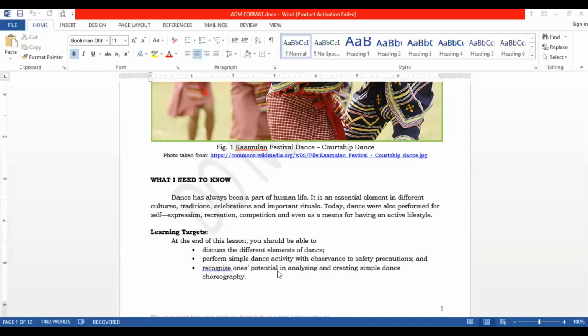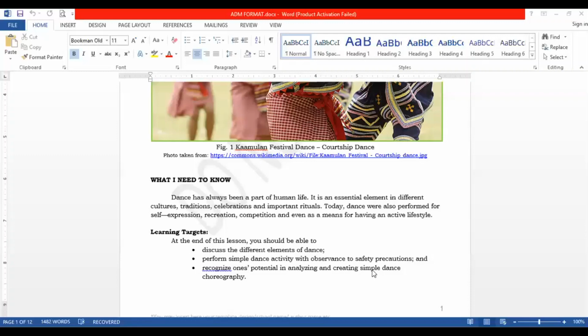So this MELC ay extract is hinimay at naging objective, at ito po yung objective na yon. The learners will perform simple dance activity with observance to safety precautions. Okay? So I have uploaded a curriculum map that you can follow po, no? Pwede nyo rin siya i-adjust depending on your supervisors kung anong instruction nila. But for me, these are my learning targets in this module.